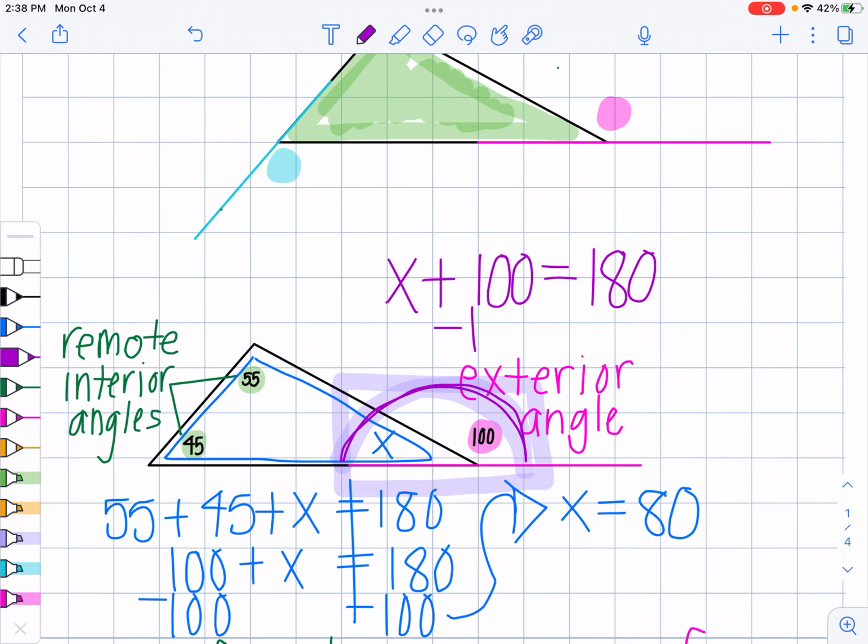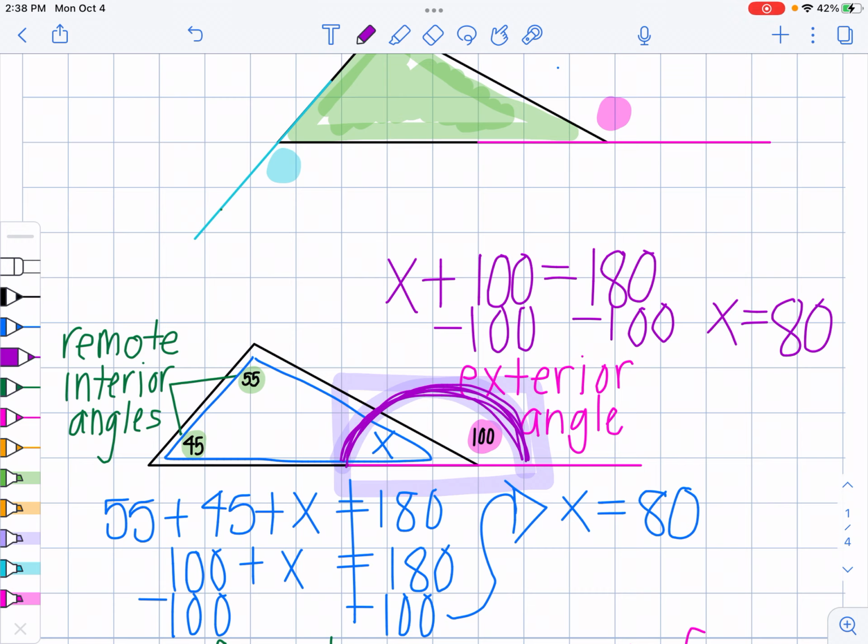And I subtract 100 from both sides. I also get x is equal to 80. Okay? So it should make sense from both sides that all the angles in a triangle add up to 180 and that my angles that are a linear pair, or that are adjacent on a straight line, which means next to each other on a straight line, also add up to 180.